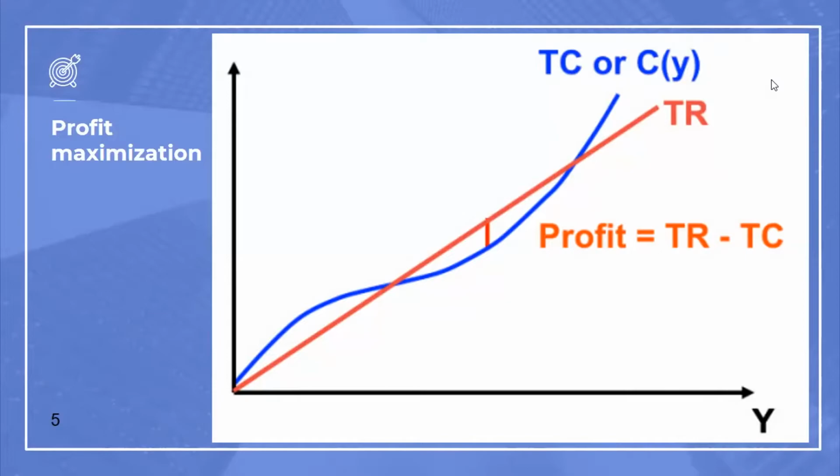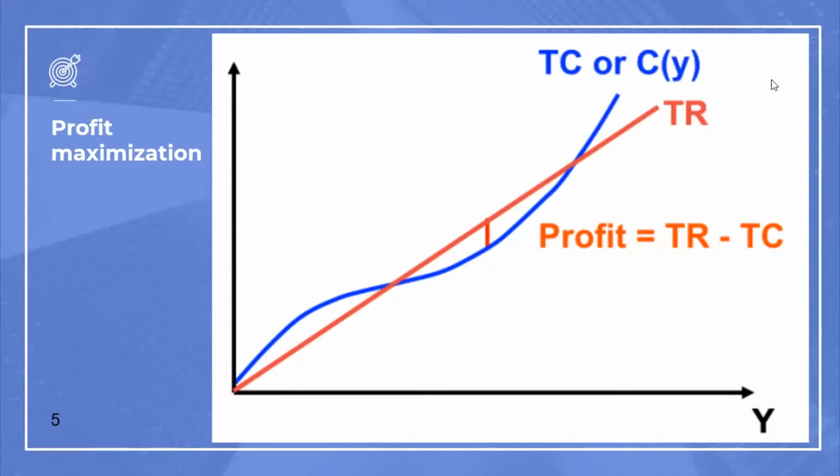And as you can see, the blue function is your total cost, or C of Y, that we have discussed during last class. And it can take different shapes throughout the production of your firm, and that total cost function depends on the marginal cost and the average variable and average total cost that we discussed last class. The way those behave alter the way the total cost function moves, or at least the shape it has.